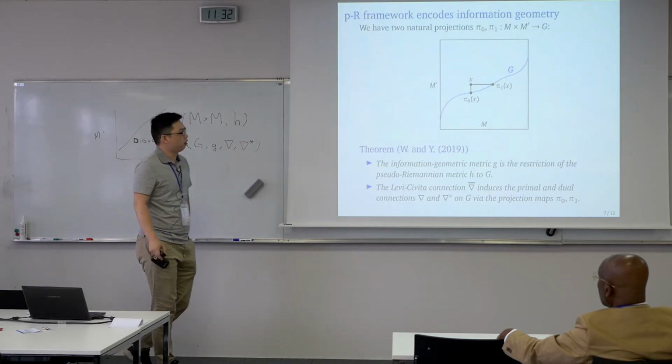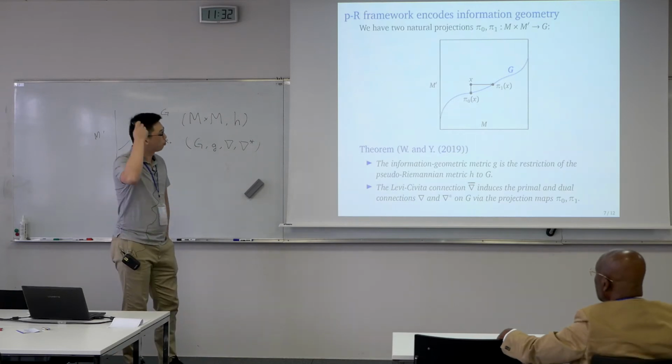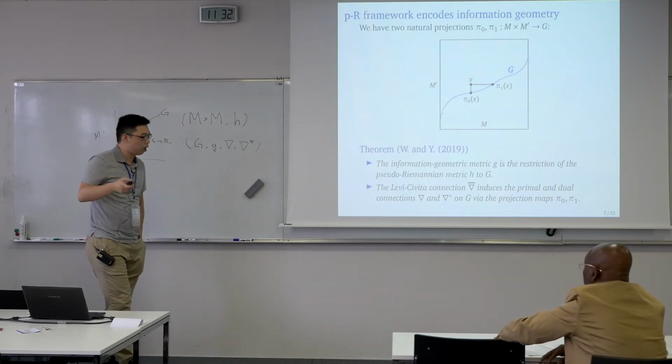Both pi 0 and pi 1 have images on the graph G. So these two projections are quite natural.